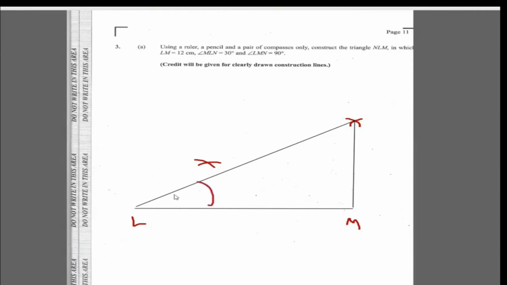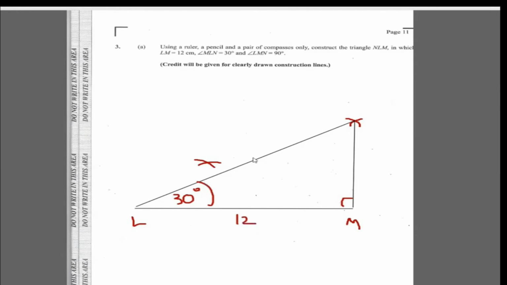I'm unable to do all of this, but this is just a schematic of what you should have. The angle at L should be 30. The angle at M should be 90. And this distance, your LM, is supposed to be 12 centimeters.